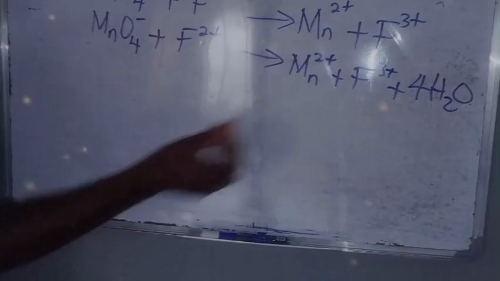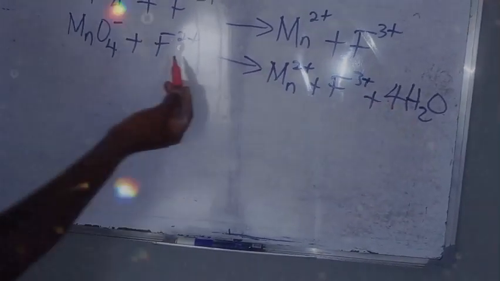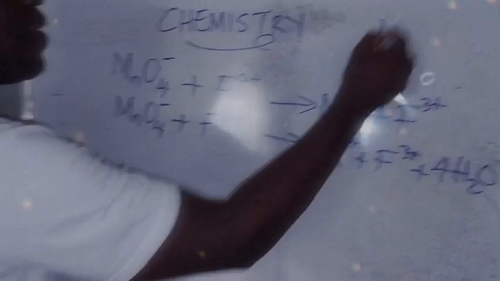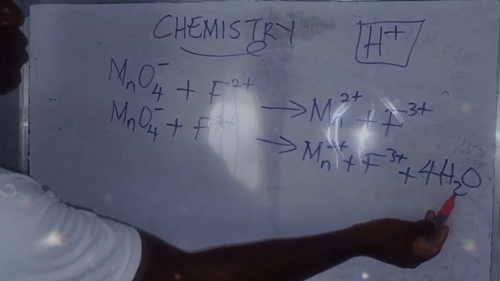Water is 4 here now. Now, by doing this, hydrogen has come up here and it has been deficient here. So we need to balance hydrogen atoms by introducing hydrogen ion, because that symbolizes acidity. Don't forget that. So how many hydrogen? 4 times 2, 8.